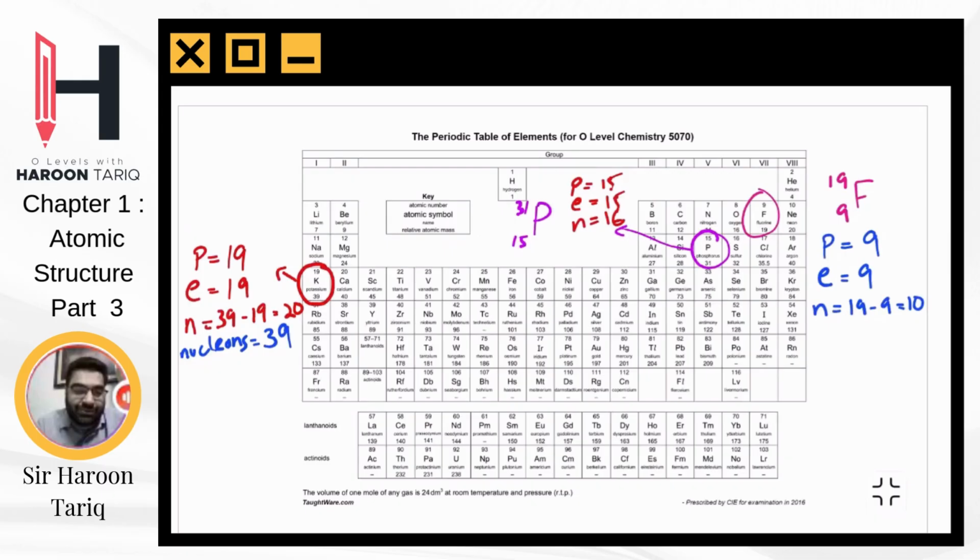As you said yourself, nucleon number is protons plus neutrons. We have 20 neutrons and we have 19 protons. When you add them, 19 plus 20, what do you get? 39, right? Is this clear now?